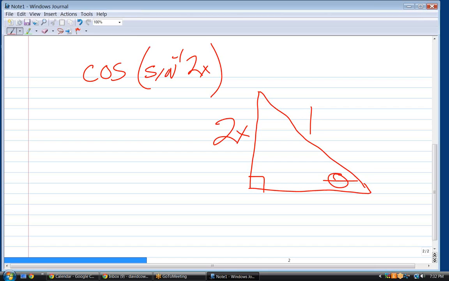In other words, the sine of theta would be 2x over 1. So the inverse sine of 2x over 1 is equal to theta. Now let's dimension the rest of that triangle. If those are two of the dimensions, what's the third one?